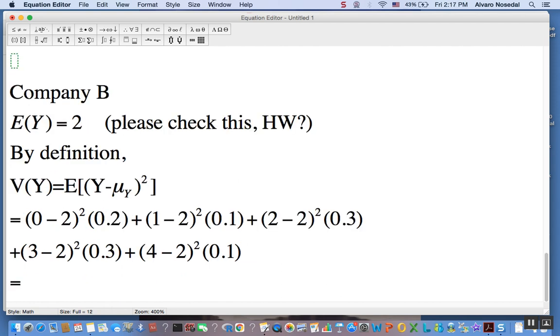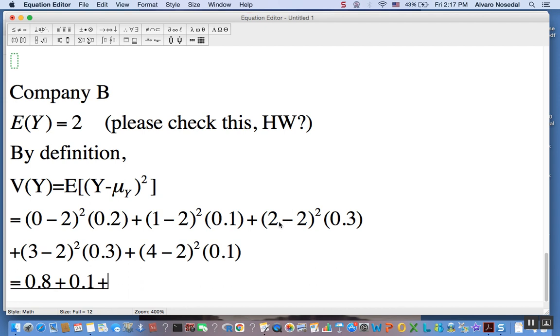We do the math, right? So it would be minus 2 squared, positive 4, times 0.2, that's 0.8. Next one, minus 1 squared, that's just 1, times 0.1, 0.1.